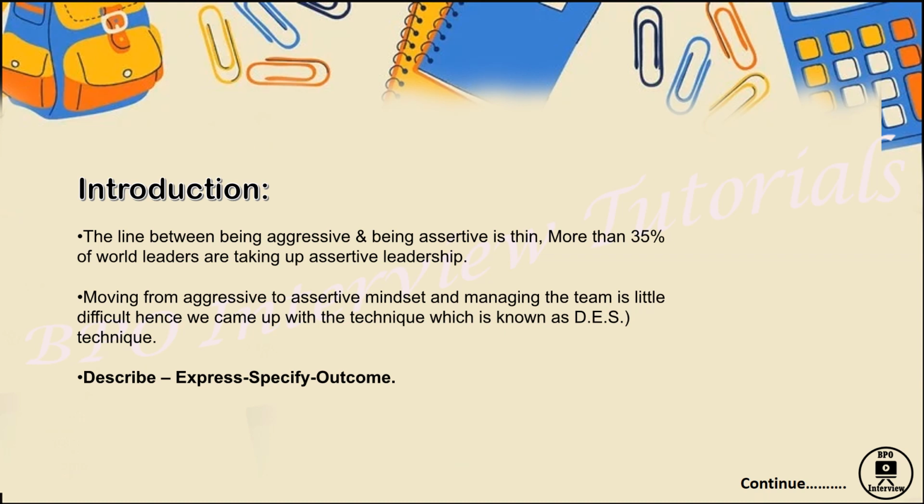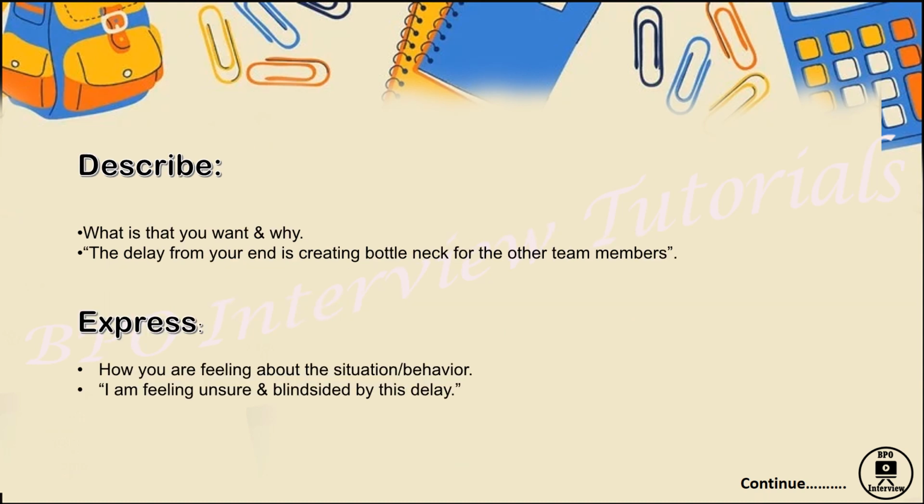When a lead is giving feedback to a QA, or a manager is giving feedback to team leads, it is useful from all perspectives. So what is DESO? DESO stands for describe, express, specify and outcome. Let's go one by one, understand the use of each and how we can get the exact result at the end. Describe.